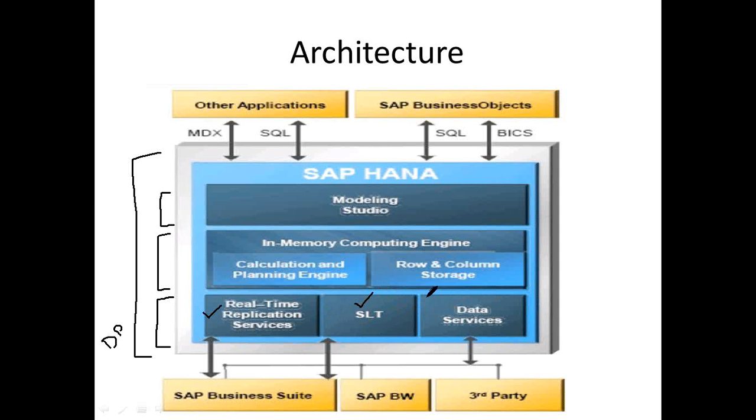The third kind of replication engine is called Data Services, also called ETL replication. This is the only ETL tool through which you can connect different systems into SAP HANA. It allows you to connect almost every system into SAP HANA, both SAP and non-SAP. Data Services is one of the ETL tools very predominantly used within the SAP landscape nowadays.